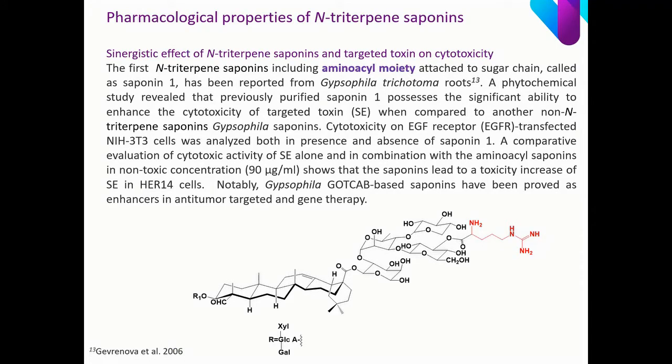Synergistic effects of nitrogen-containing triterpene saponin is a very exciting and interesting mode of action. The first nitrogen-containing triterpene saponins, including an aminoacyl moiety linked to the sugar chain, called saponin 1, from Gypsophila trichotoma roots.